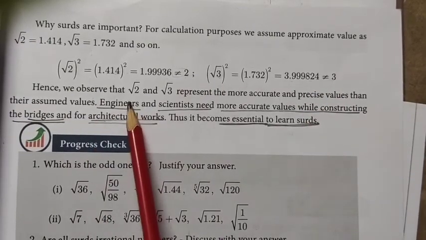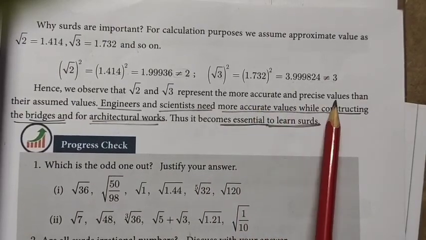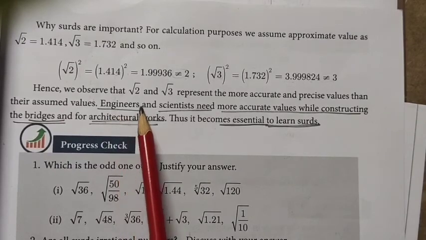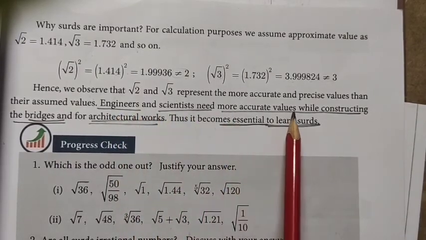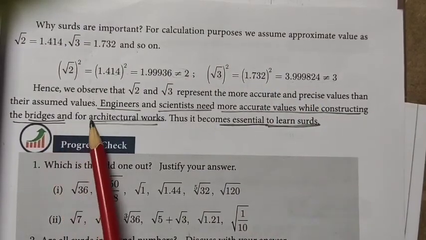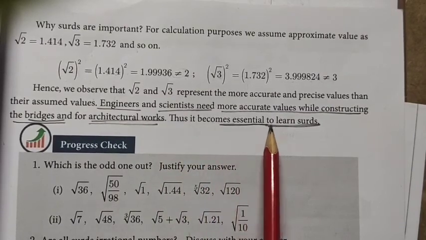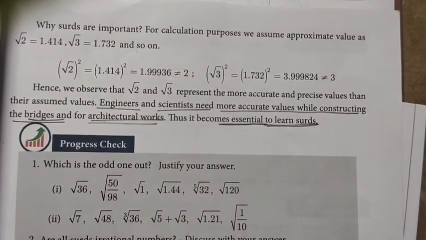Hence, we observe that root 2 and root 3 represent more accurate and precise values than their assumed values. So engineers and scientists need more accurate values while constructing bridges and for architectural works. Thus, it becomes essential to learn such.